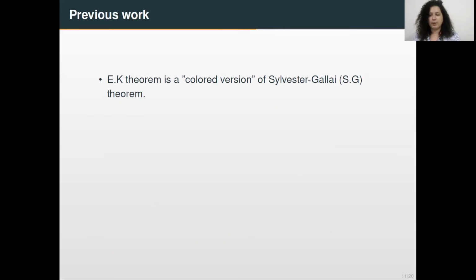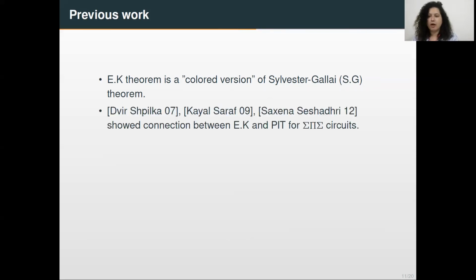So in Edelstein-Kelly, we have 3 sets, and in Sylvester-Gallai, we have 1 set. This is why we call Edelstein-Kelly a colored version of Sylvester-Gallai. Note that we cannot prove Edelstein-Kelly using Sylvester-Gallai in a black box manner or the other way around. So they are in some sense incomparable. As I mentioned before, the Edelstein-Kelly theorem was studied in connection to PIT algorithms for sigma pi sigma circuits.